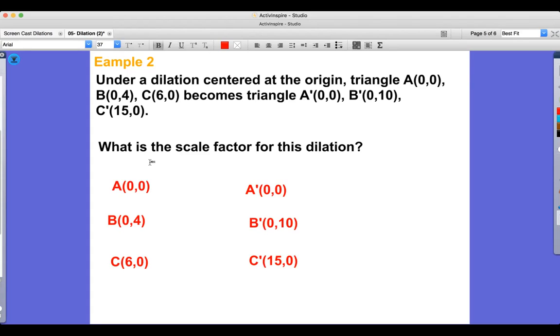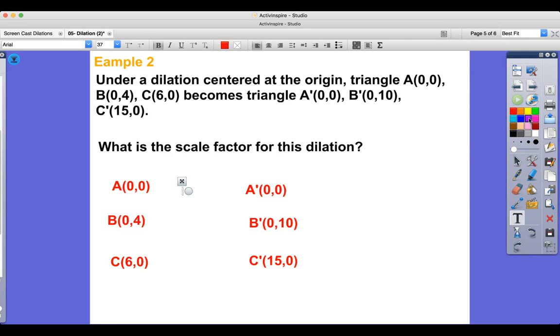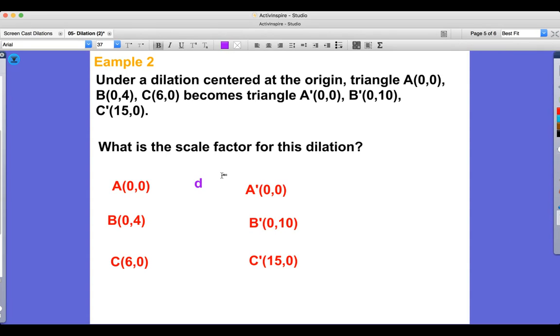In order to find the scaling factor, I'm going to need to set up an equation. So here's the strategy. If I get one of these values and multiply it by a scaling factor, let's call it D, D for dilation, we're going to get the outcome of this value.